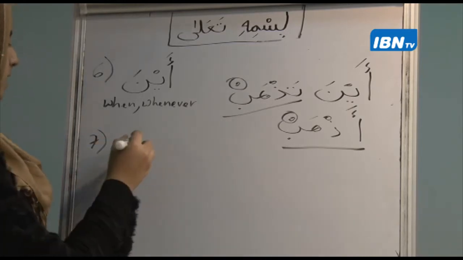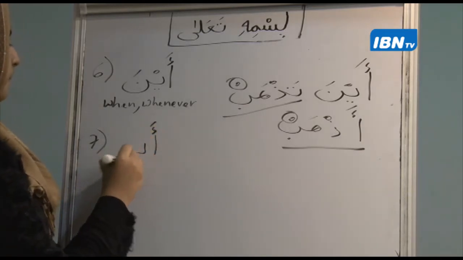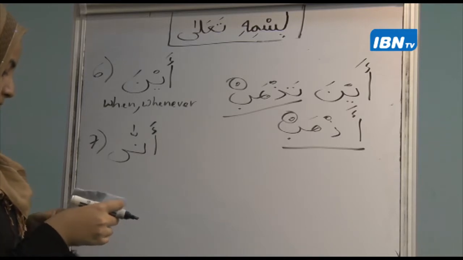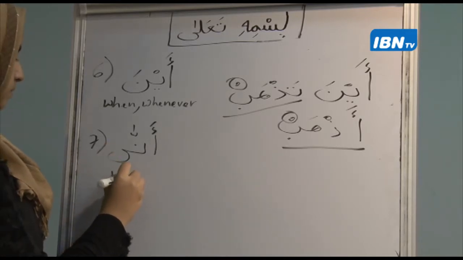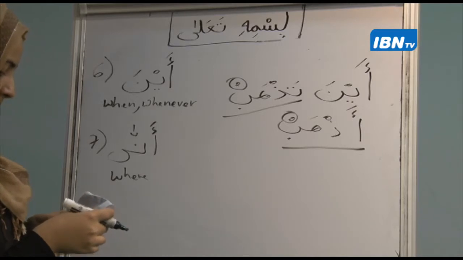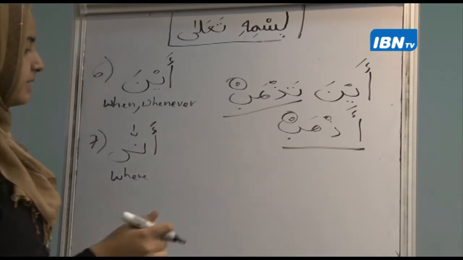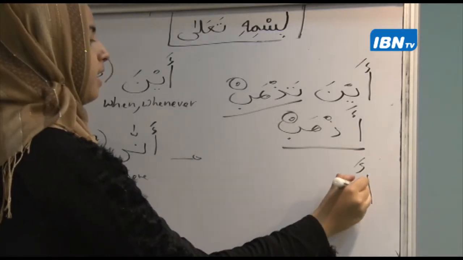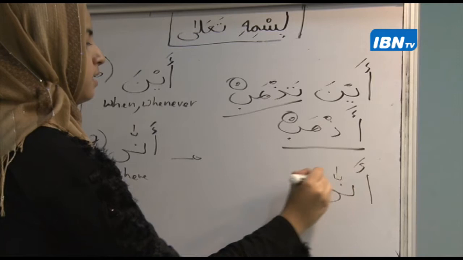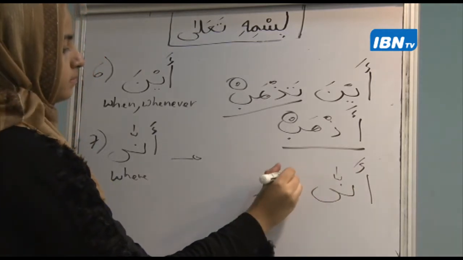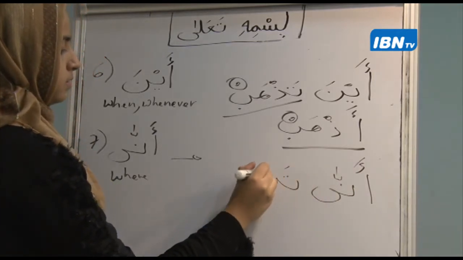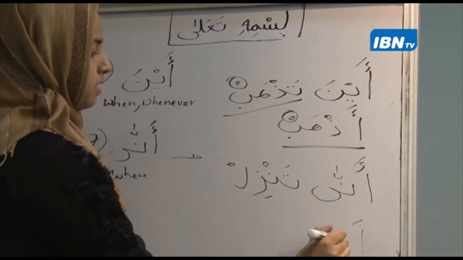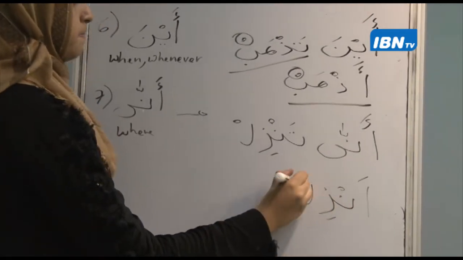Next we have is anna. Okay, anna means where, again. So my sentence, anna tanzil, anzil. Meaning what?